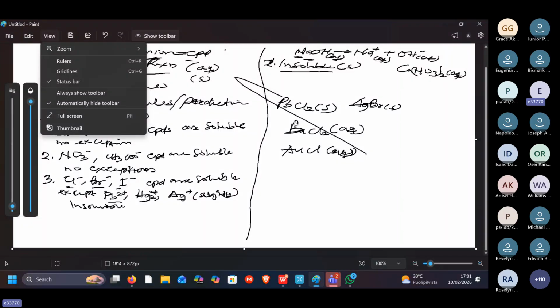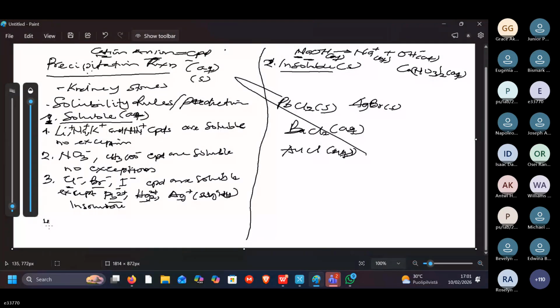Well, we can also look at another rule here. Anions such as the sulfate are generally soluble, except when they meet with those that have 2+ charges.